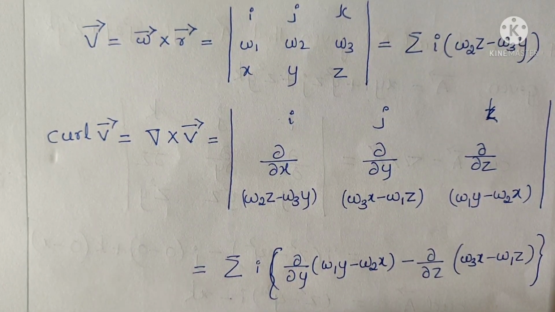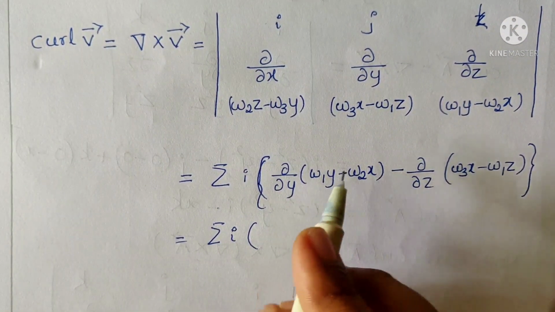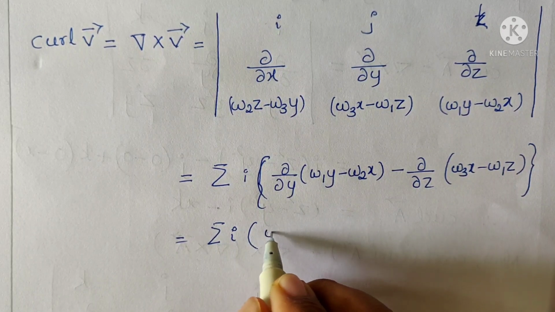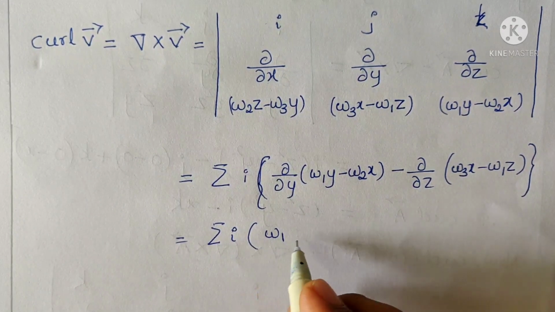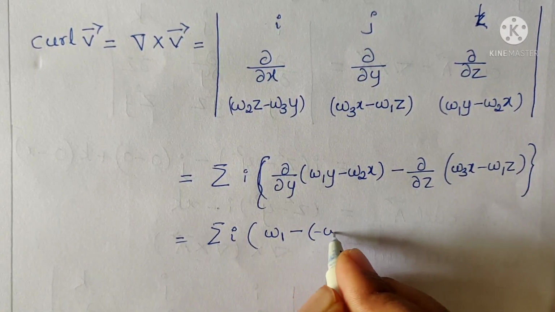So this is equal to the summation of i, then here it is w1, minus dou by dou z of this, which is minus of w1.